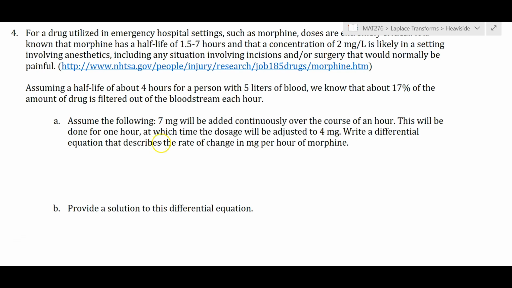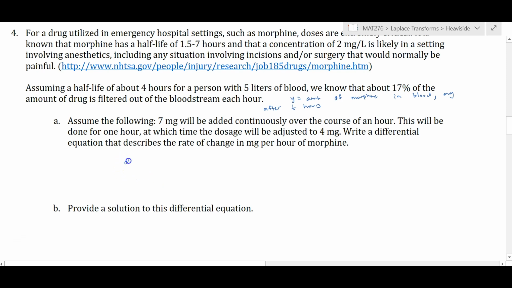Okay, so in order to model something like this, we first of all just have to think about the dependent and independent variable first. So we're going to let y be the amount of morphine in blood, in milligrams, and t will be, I guess we'll just say, after t hours.